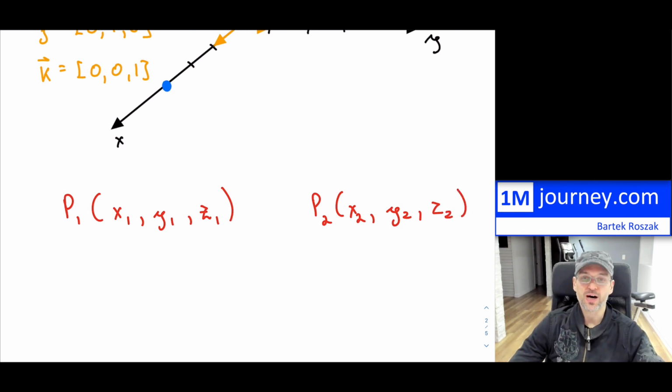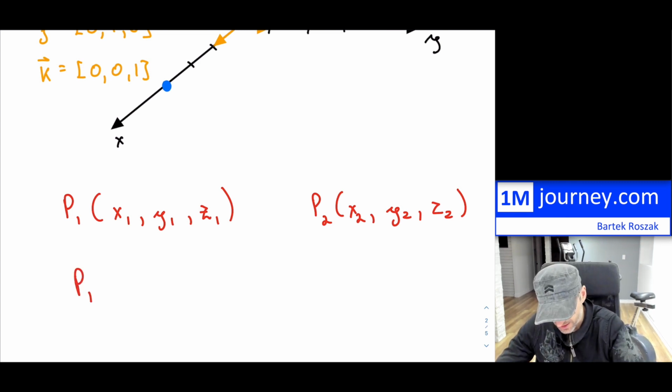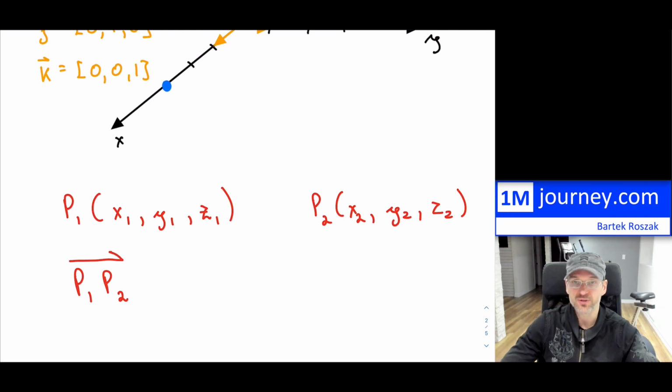We can certainly plot them, and if you want to know what the vector is between point 1 and point 2, the way that we write it out is P1P2. So this would mean the vector from P1 to P2.